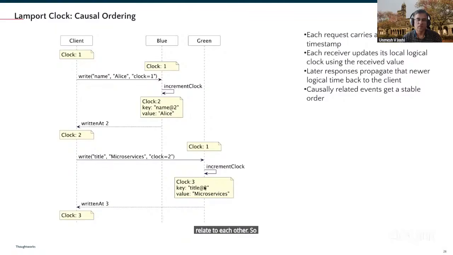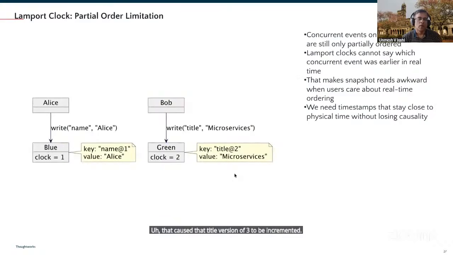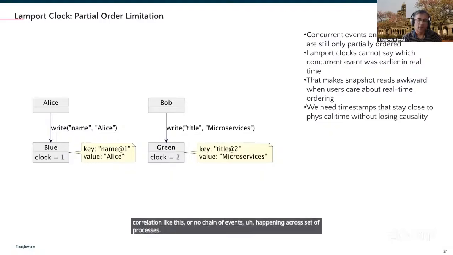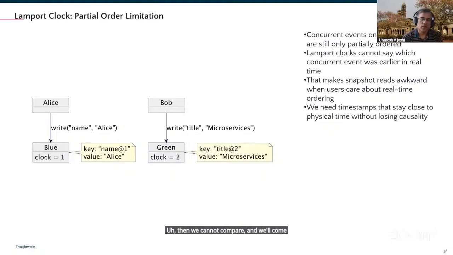So this 3 was incremented after 2 because there was a chain of messages, this response and this request, that caused the title version of 3 to be incremented. But if there is no correlation like this, or no chain of events happening across a set of processes, then we cannot compare. And we'll come back to this issue a little later.